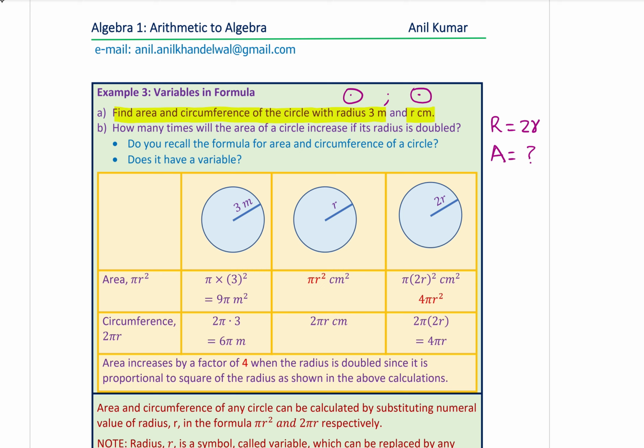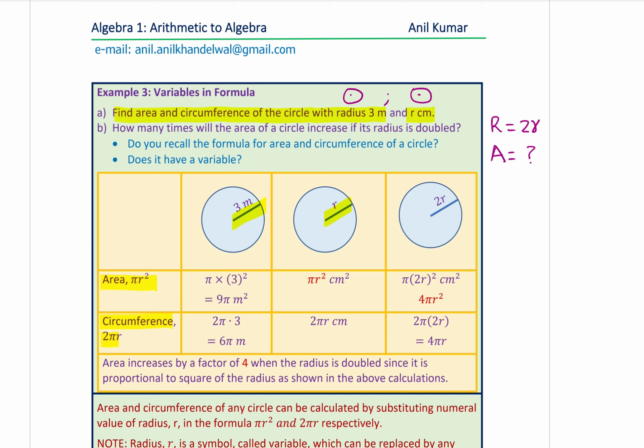We'll use the known formulas, which are: area of a circle is pi r square and the circumference is 2 pi r. With these formulas, we can make a table. Now see, since we are interested in two different circles, one with radius of 3 meters, the other with r, let's make these two circles. And for both, we will calculate area and circumference using the formula.